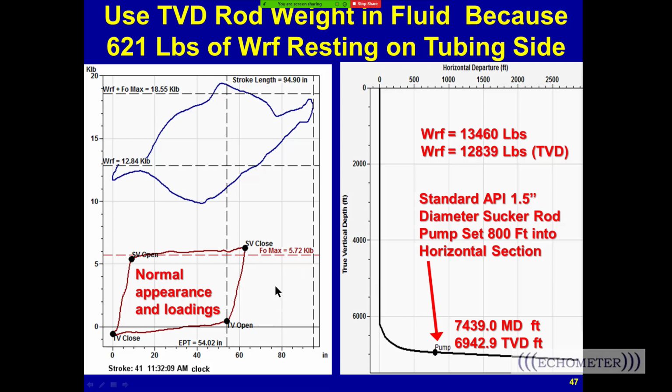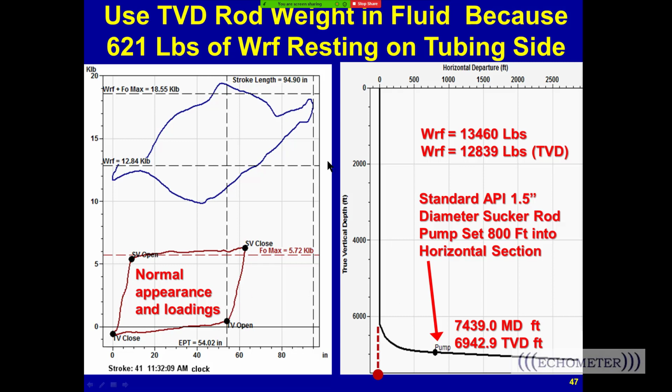Now this pump card right here appears normal because the true vertical length of the rod string would weigh 13,460 pounds, and the TVD weight is 12,836 pounds. There's an extra 600 pounds of rod load that's not being measured at the surface, and if you don't use the weight of the rods that's true vertical, then you're going to have your pump card shift below zero by subtracting out too much weight.